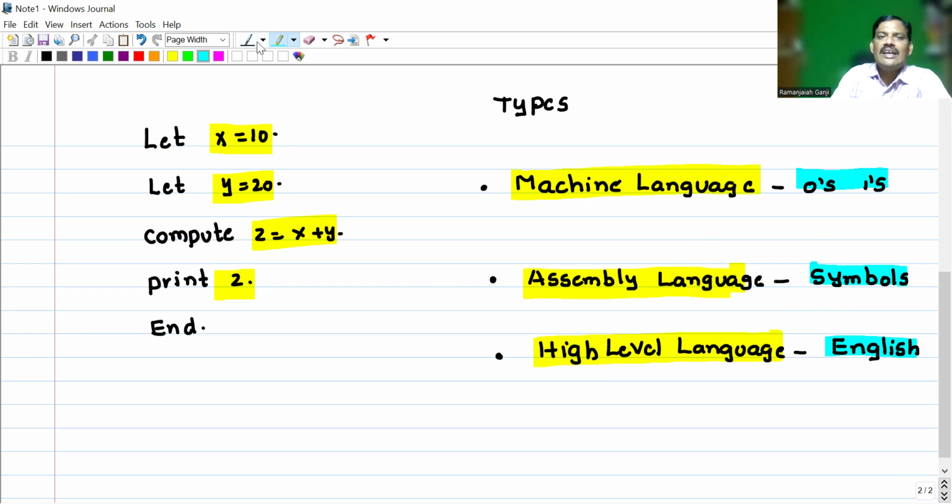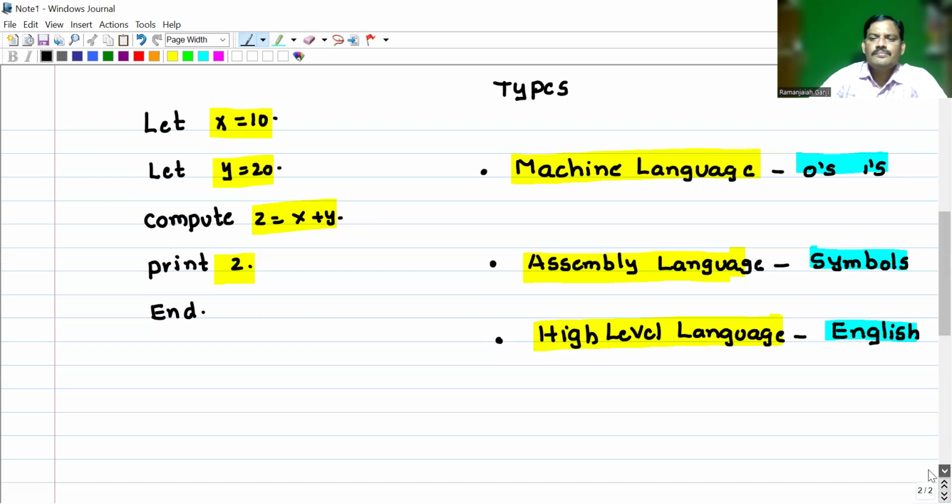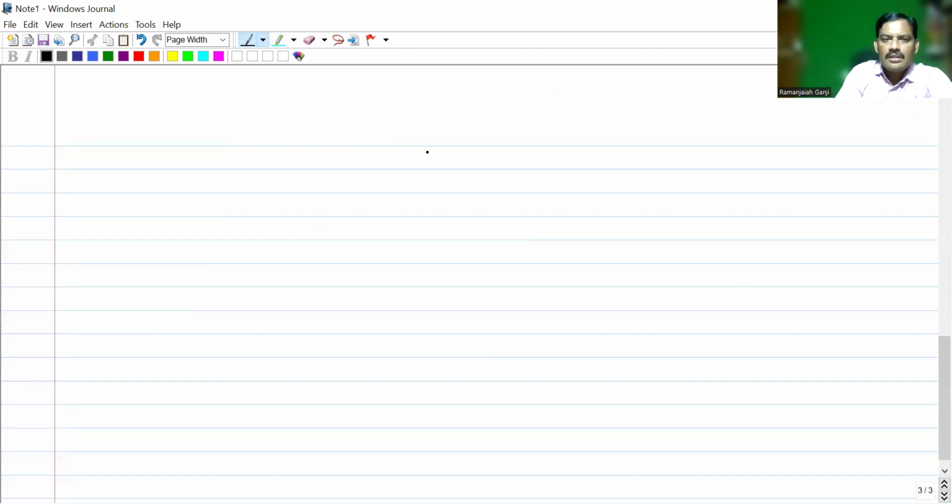Some examples of high-level languages include, in conventional days, we used to have a language called Pascal, Fortran, COBOL.